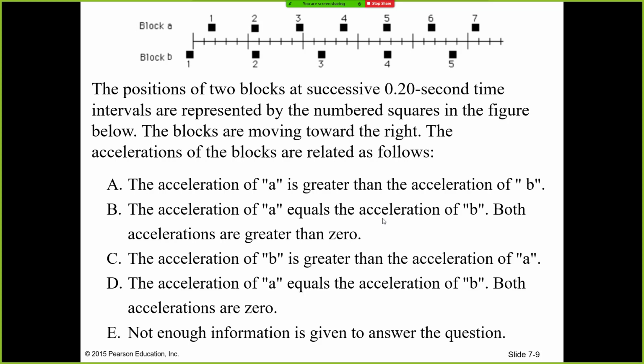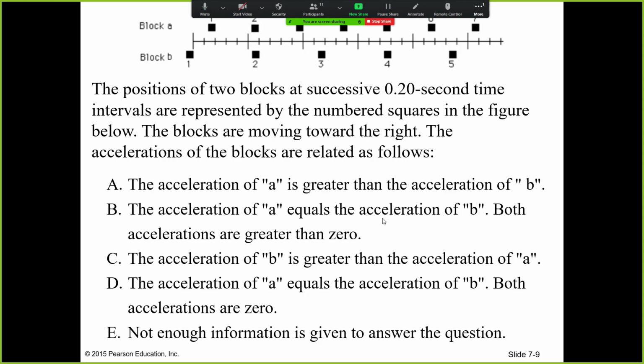Acceleration of B is greater than acceleration of A. Acceleration of A equals acceleration of B. Both accelerations are 0. Not enough information is given to answer the question. So it's all about acceleration. Which one has greater acceleration, or they have the same acceleration?